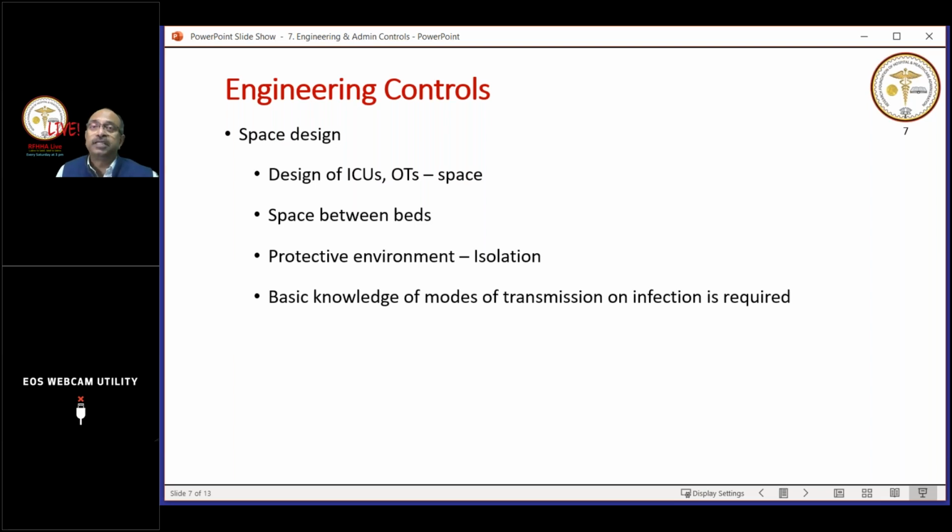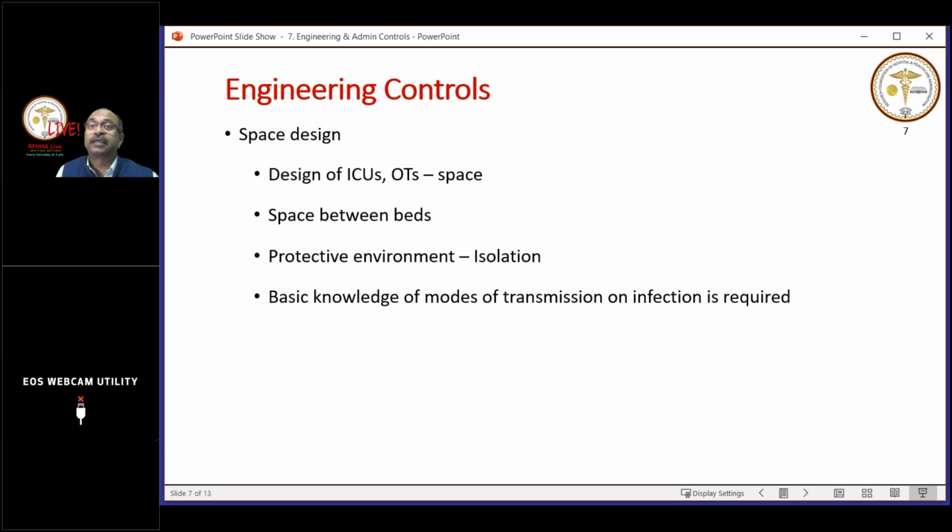Now these can be either positive pressure isolation rooms, or negative pressure isolation rooms, depending on what is the requirement. That is, whether the patient is the source of, or can be the source of, infection, and for that patient we require a negative pressure isolation.